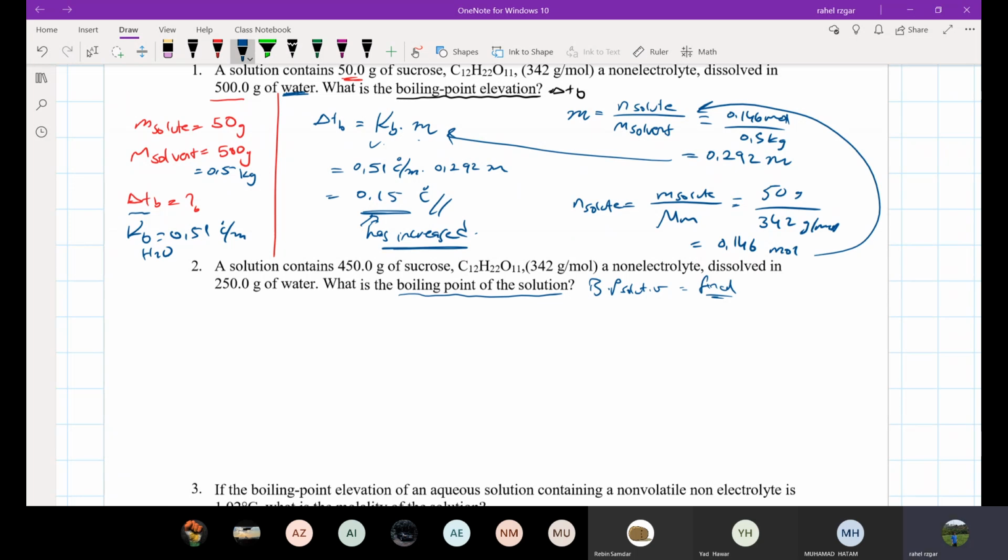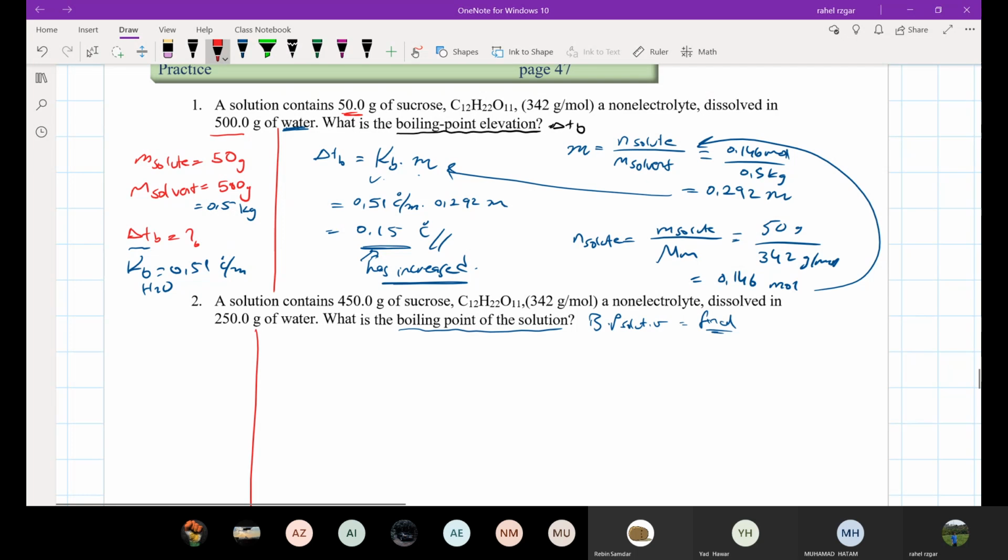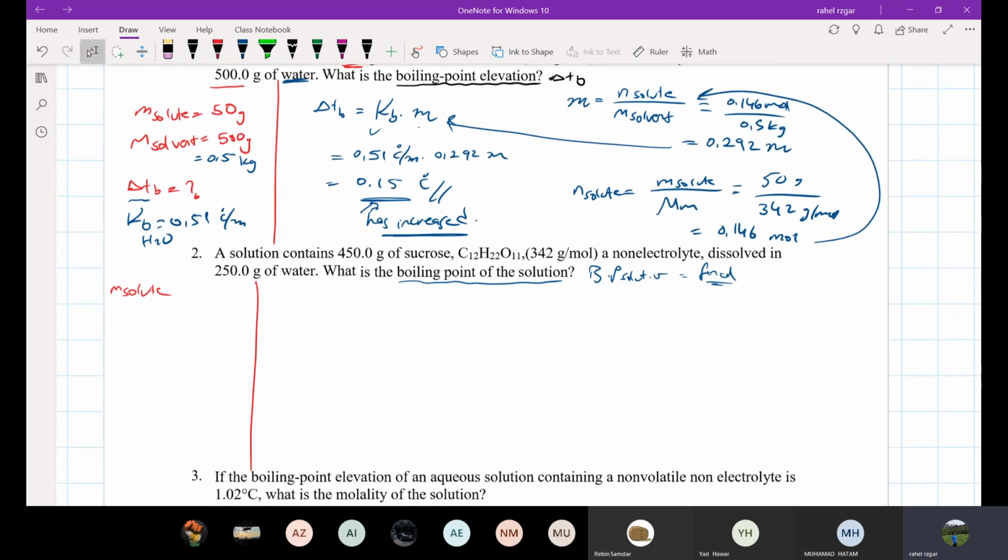Let's again write the givens. What are the given parts? Mass of solute is given when it says a solution contains 450 grams of sucrose in 250 grams of water. The mass of solute is 450 grams.